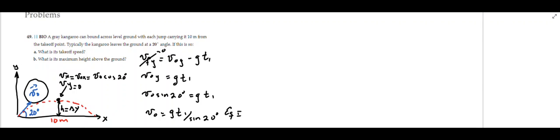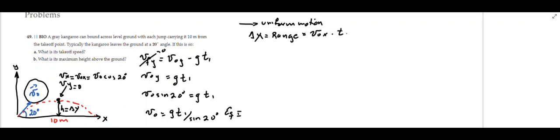Now I know that in the x direction we have uniform motion, so there is no acceleration in the x direction of the motion of the kangaroo, right? So the variation in position along the x-axis, that is the range, will be equal to v sub 0x times the time of flight.